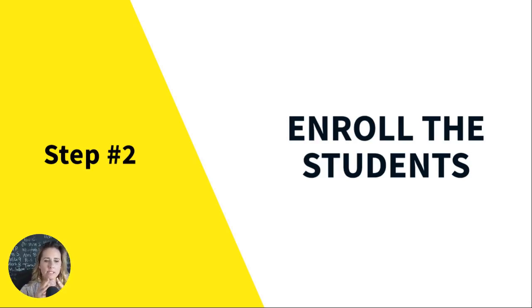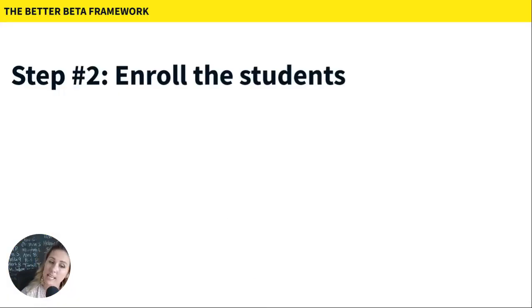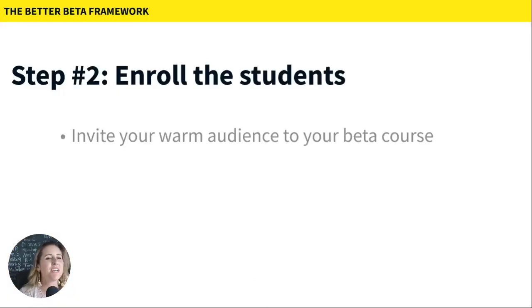Okay, so now this is the fancy part of enrolling your first students, the E in the beta framework. So I also keep this very simple and why I'm able to get my students to launch in 7 days. Basically, you're inviting the folks that are around you right now, what we would call in marketing your warm audience.